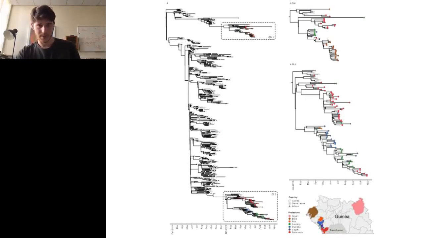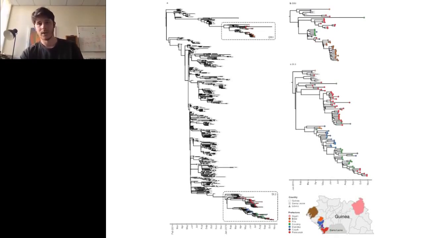So the phylogenetic analysis, which is effectively a tree illustrating the evolution of the virus over time.